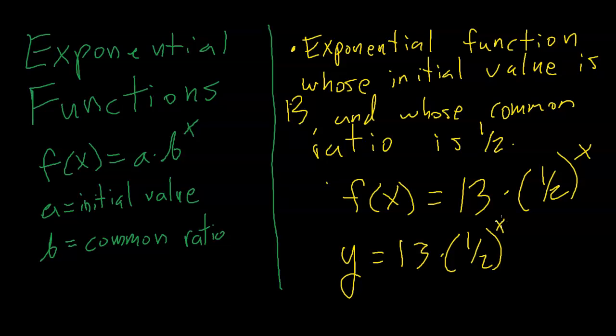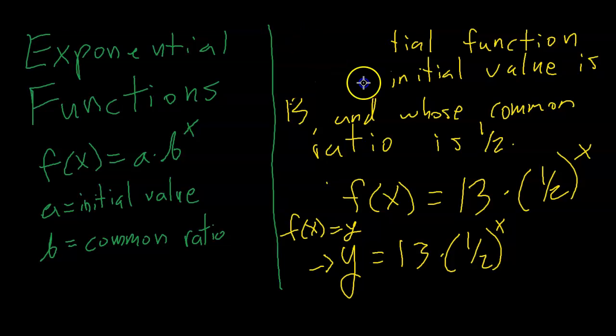And remember why: because we're talking about functions, and where do we graph the value of the output of a function? We graph it on the y-axis, right? So if we're graphing a function, the value of f of x is equal to the value graphed on the y-axis.